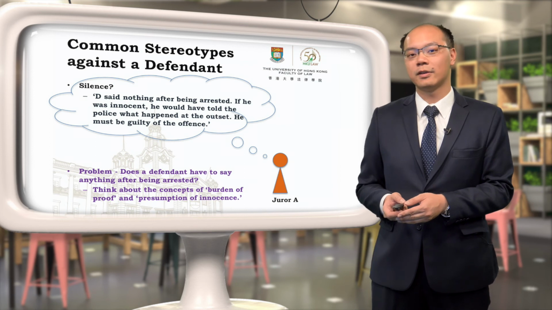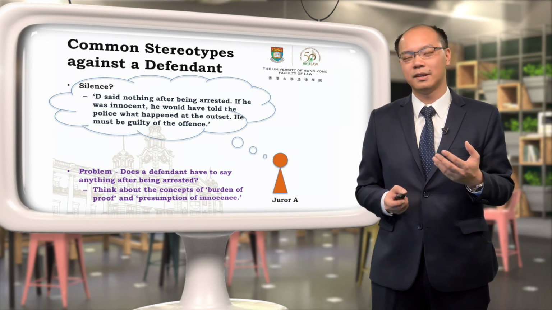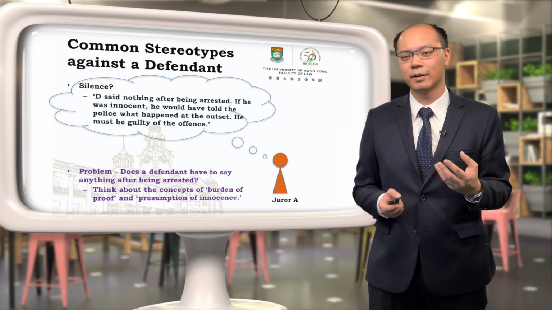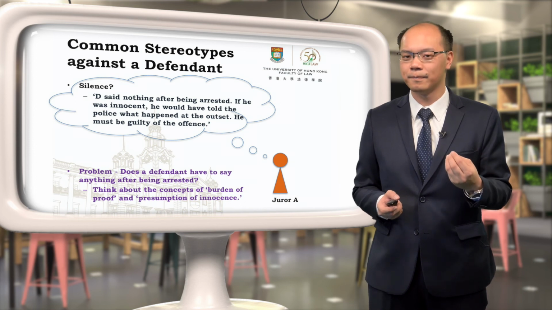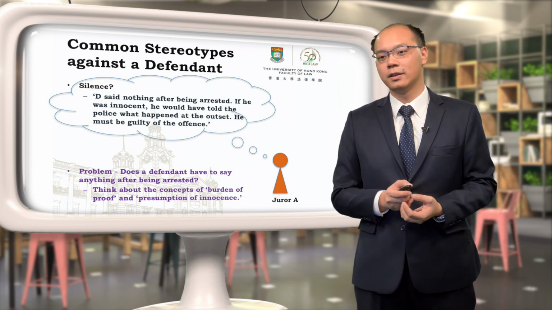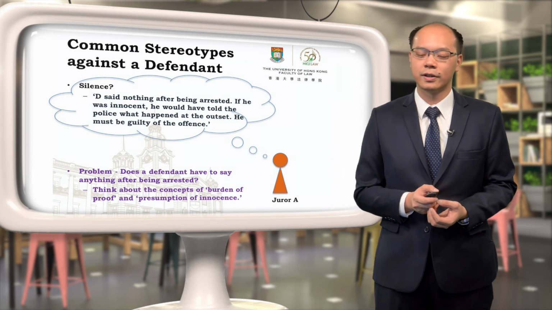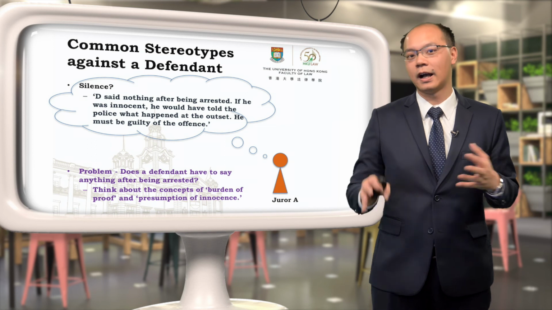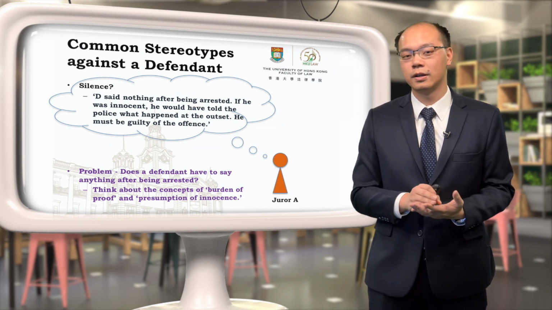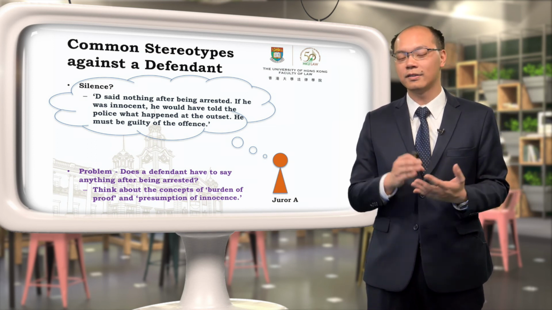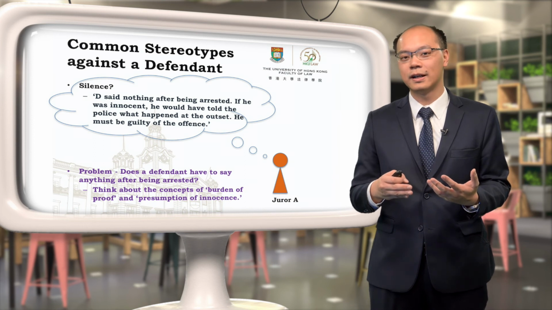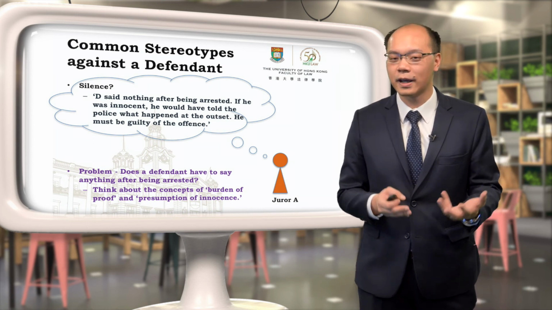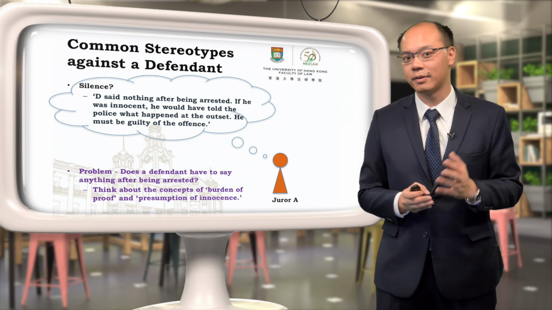Now, think about this. Let's think about this in our daily life, right? If a person has been arrested, and if that person says nothing after being arrested, do you think it's fair to draw adverse inference against that particular person?